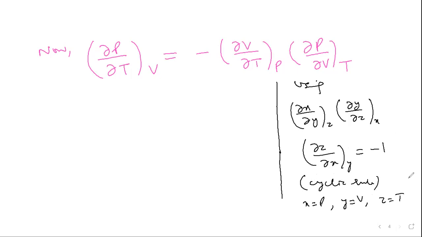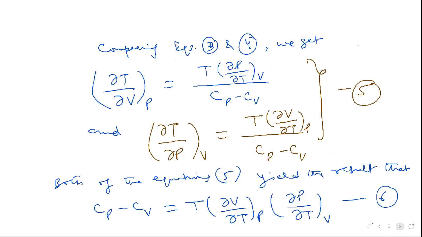So for a PVT system we can write ∂P/∂T at constant V is equal to minus ∂V/∂T at constant P times ∂P/∂V at constant T. Let me name it equation 7.